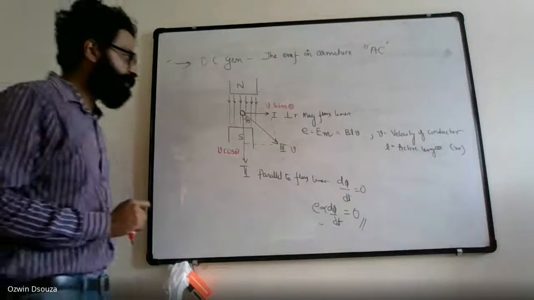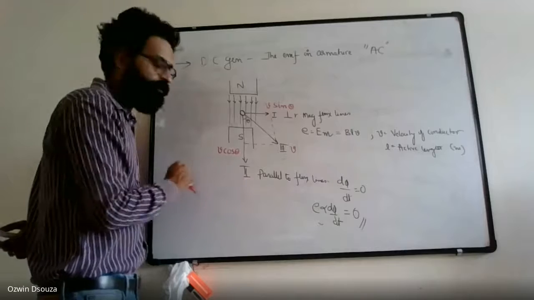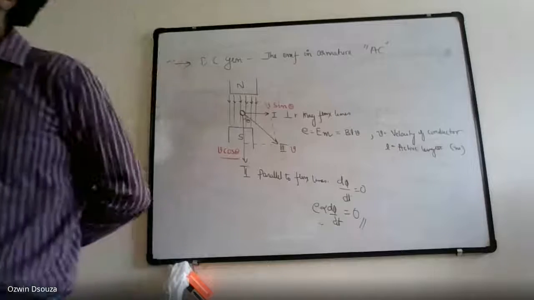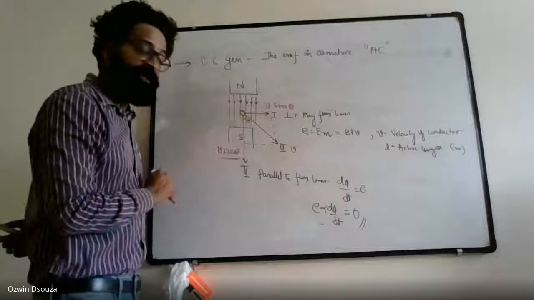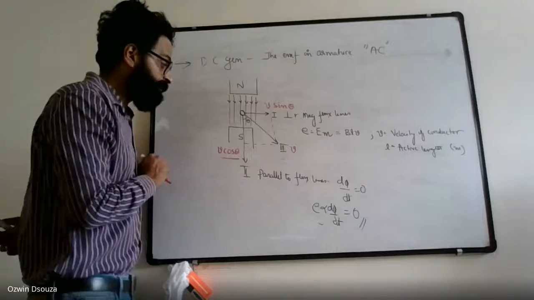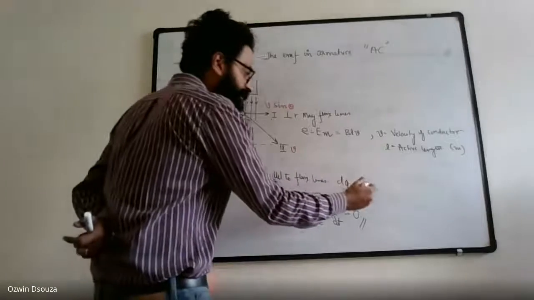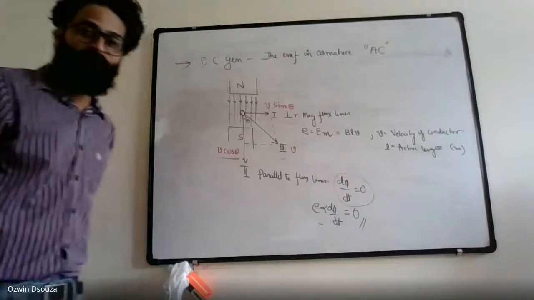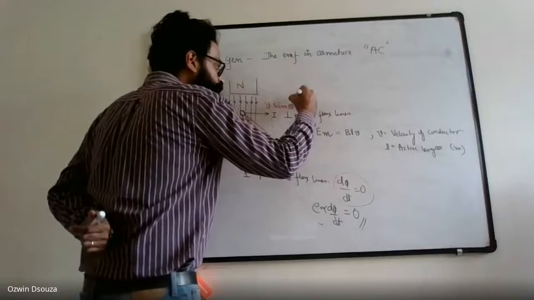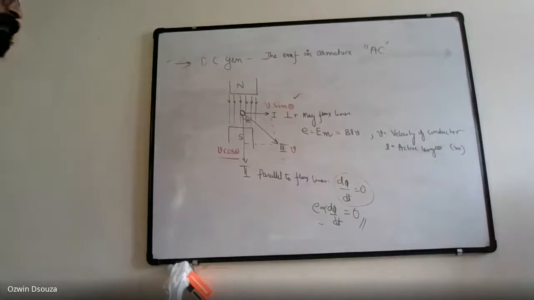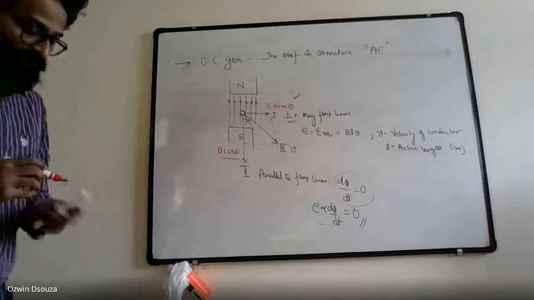What happens over here is that the component which is projected along direction 2 doesn't take part in EMF induction, right? That's because this particular component is parallel to flux lines. We have already seen that whenever the tendency of motion is parallel to flux lines, the rate of change of flux is 0. So out of the two components, the component of the velocity which is perpendicular to the plane of flux takes part in EMF induction.